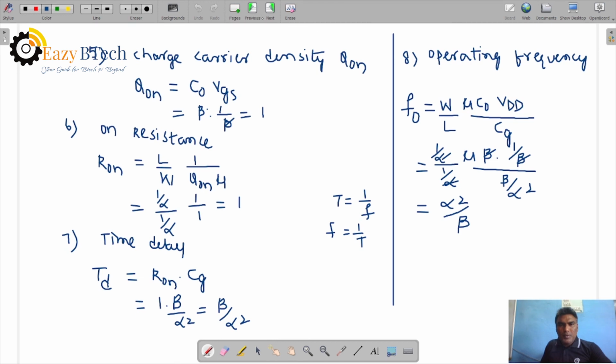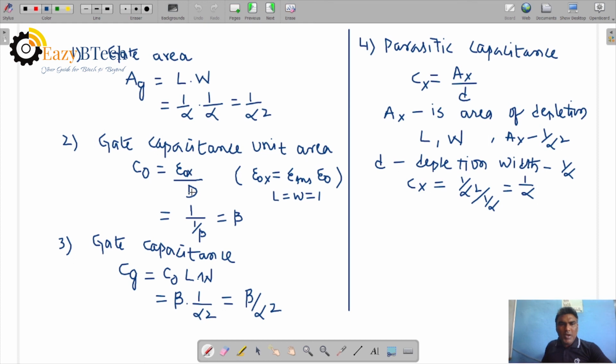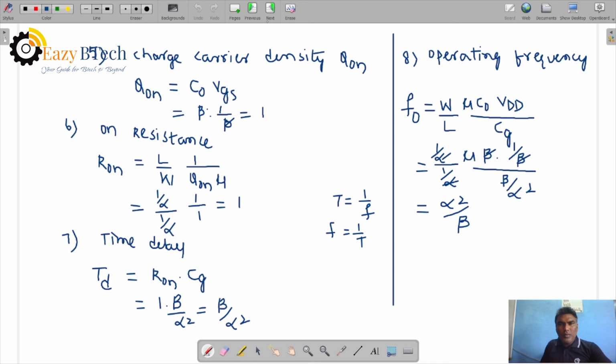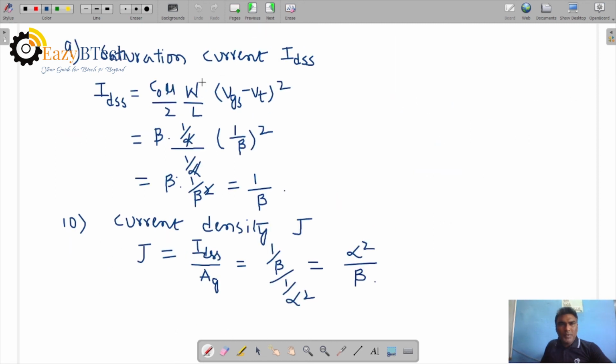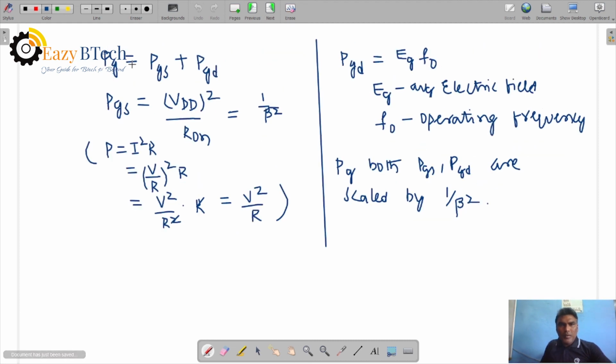The first one is gate area, gate capacitance per unit area, parasitic capacitance. Now we have charge carrier density, on resistance, time delay, operating frequency, saturation current, current density, energy per gate area, and power per gate area, which is 1 by beta square.